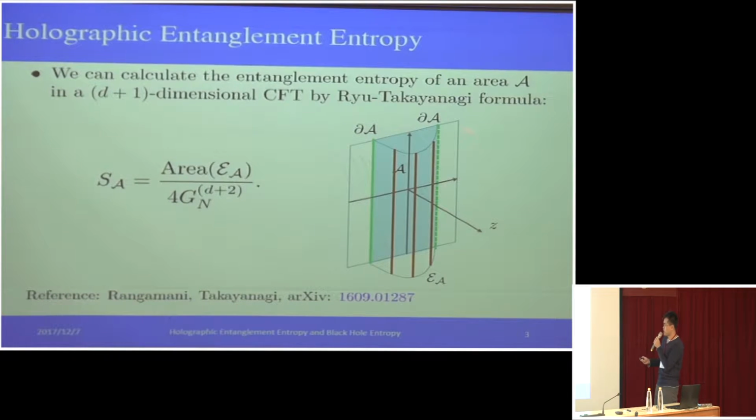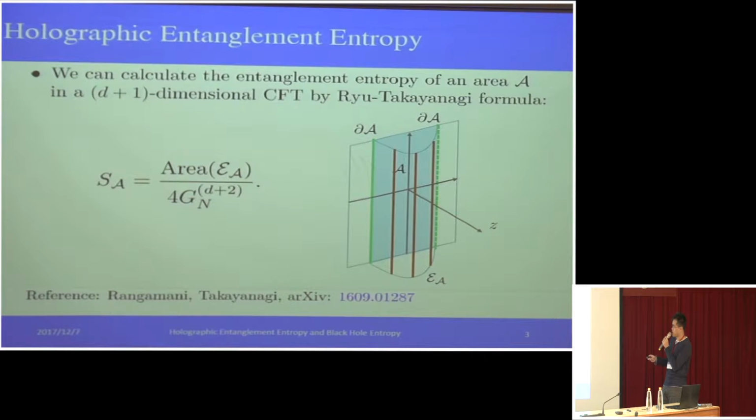Now, in my case I have a d+2 dimensional ADS spacetime, the bulk geometry. In the ADS spacetime, I can always find a conformal boundary. On this boundary, where z equals 0, there's a d+1 dimensional boundary, and our CFT, the conformal field theory, lives here.